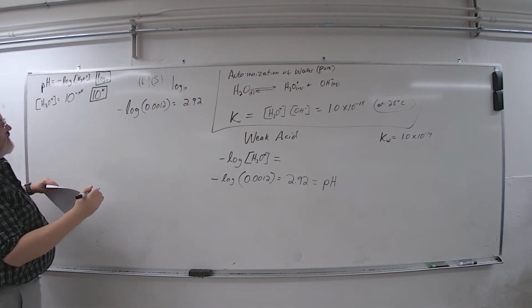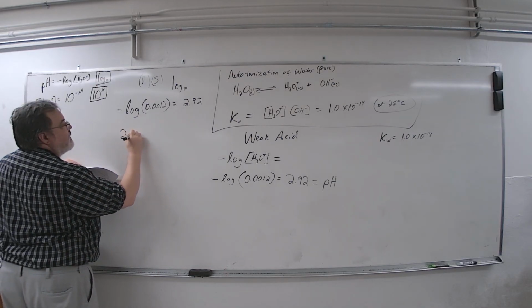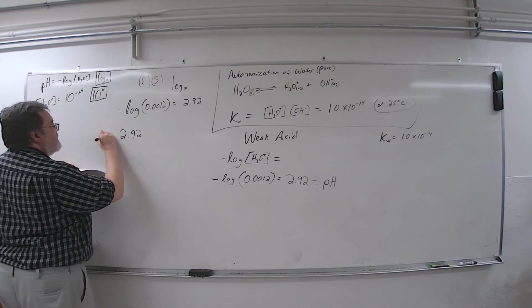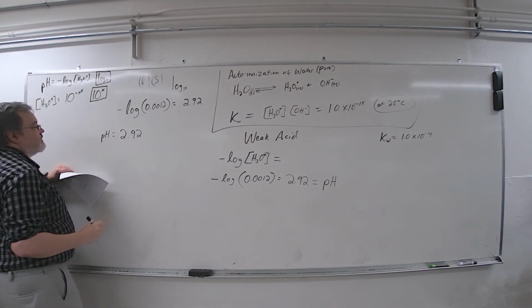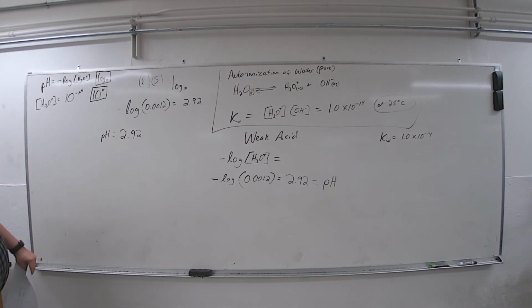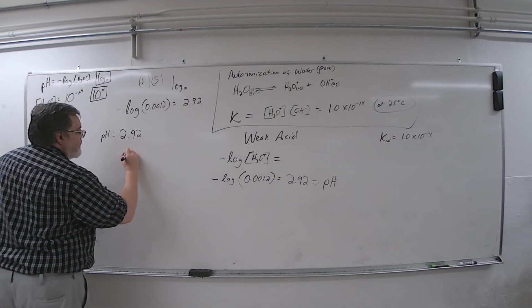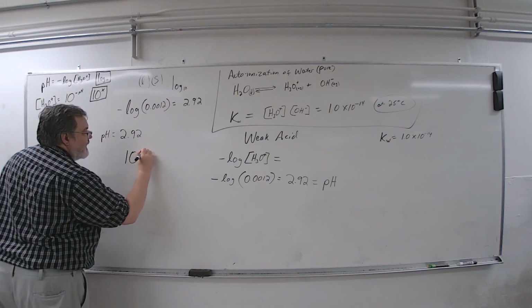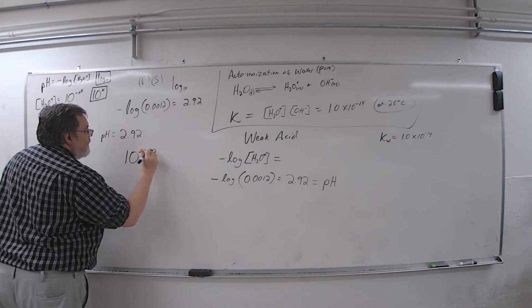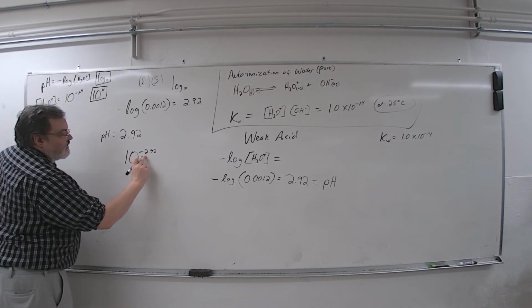So if I said, hey, I've got a solution that's pH equals 2.92, and I said, what is the concentration of the hydronium ion? What you're really calculating is 10 to the negative. This isn't negative, but you have to put a negative on there.